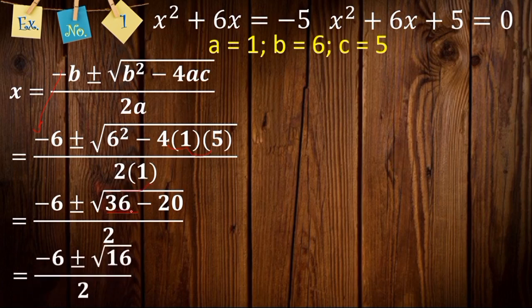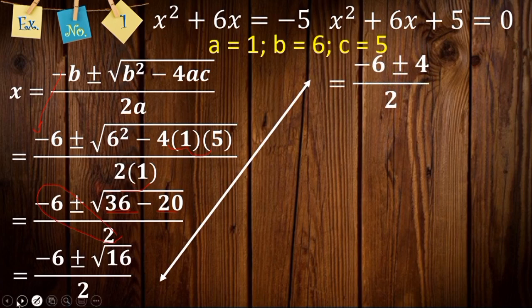Then 36 minus 20 is 16. We copy this part here. And then the square root of 16 is positive and negative 4. We do not have the square root sign here. Remember, if it is a perfect square, the square root sign will be removed.